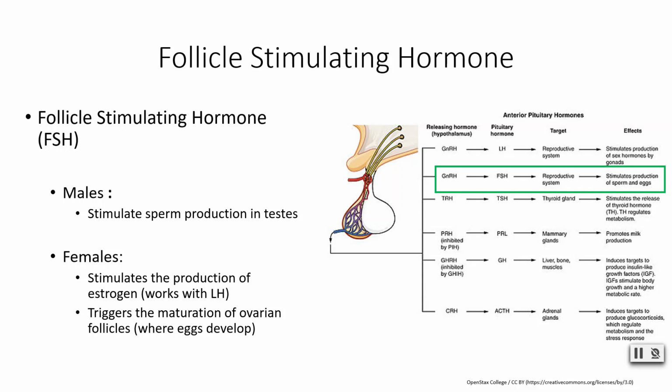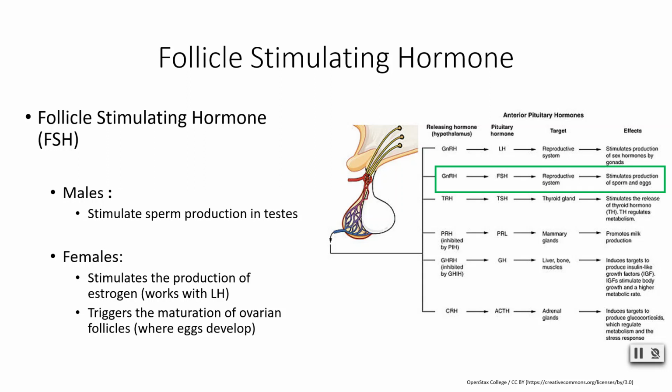In order to do that, we do have to have the FSH work with your luteinizing hormone, or LH. Those have to work as a team to stimulate estrogen. And then FSH also triggers the maturation of an ovarian follicle, which is where eggs develop every month.